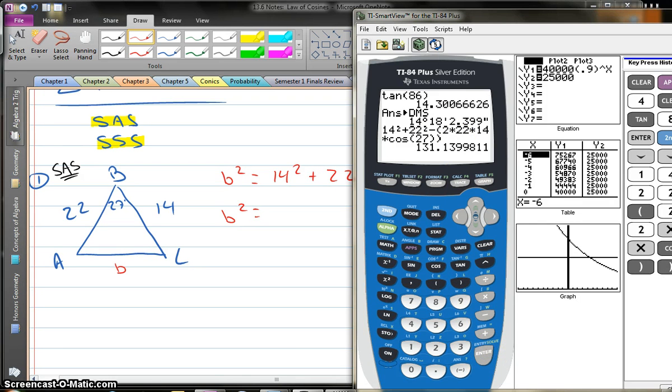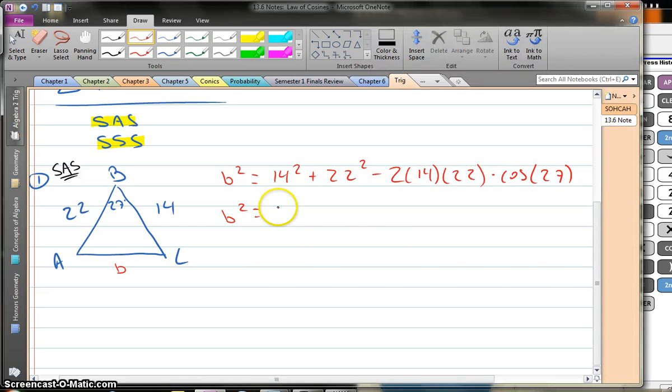I get 131 point something, but we need to square root both sides, so I'm going to go second square root of my answer, and I get 11.45 or 11.5.